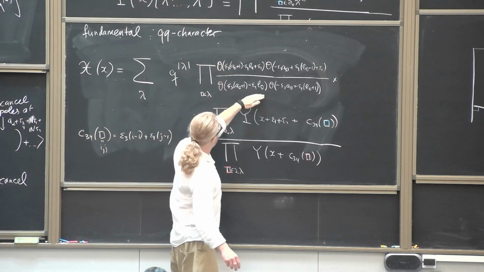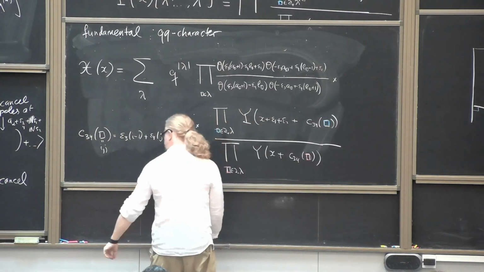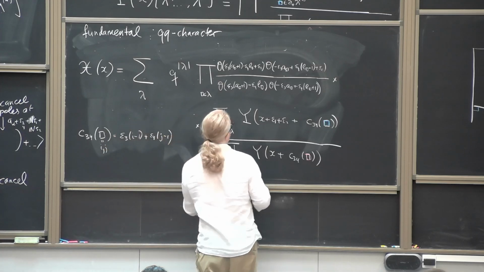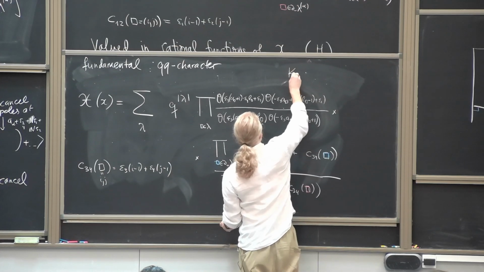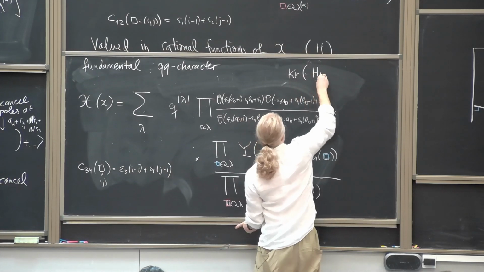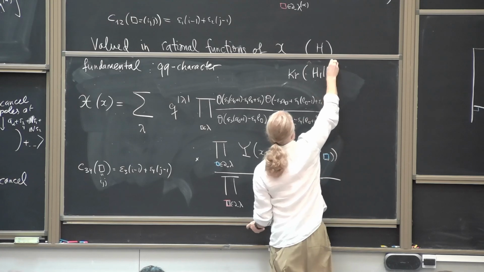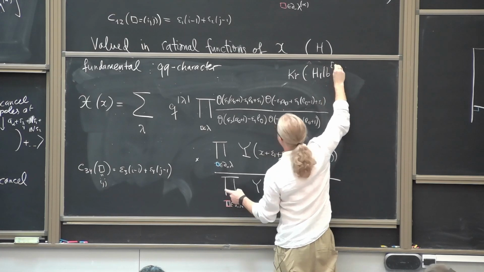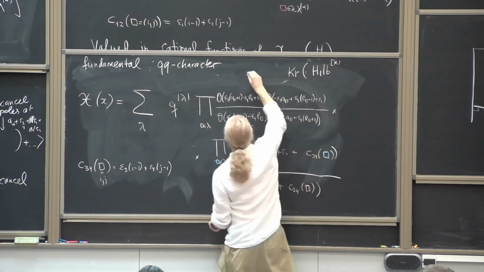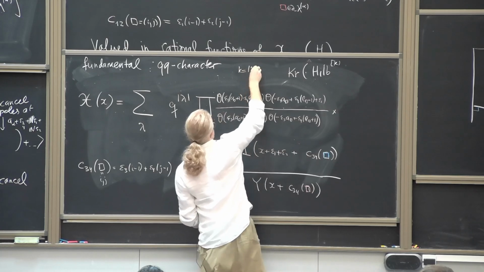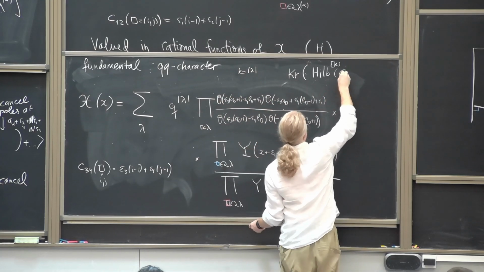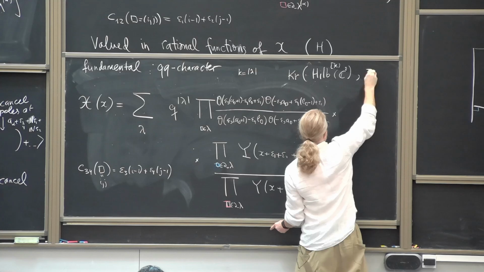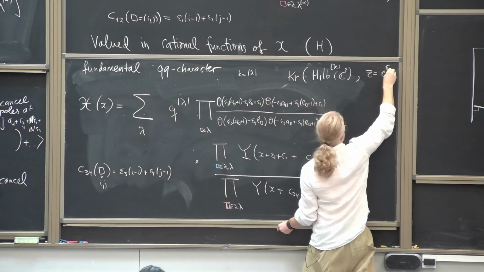And then there is a prefactor, which is precisely the prefactor of the Krichever genus of the Hilbert scheme of points, of k points where k is the size of this diagram, on C2. But now the z parameter is e to the epsilon 1, so it's q1.